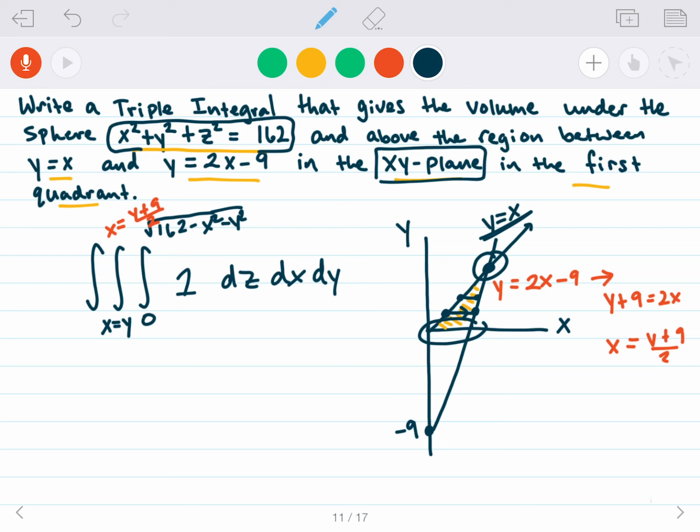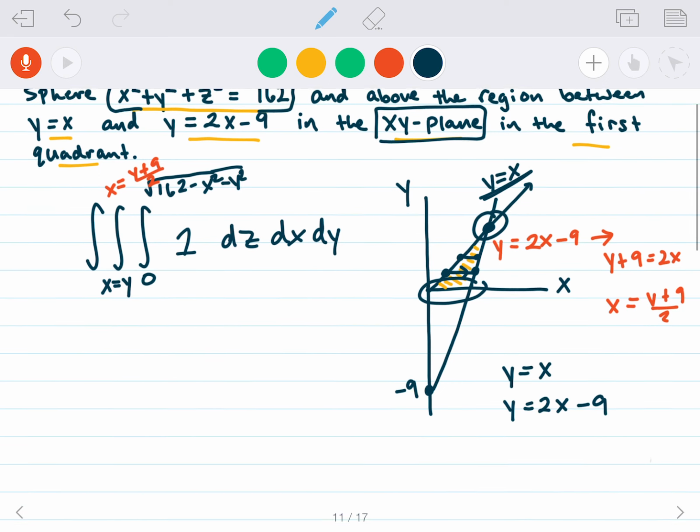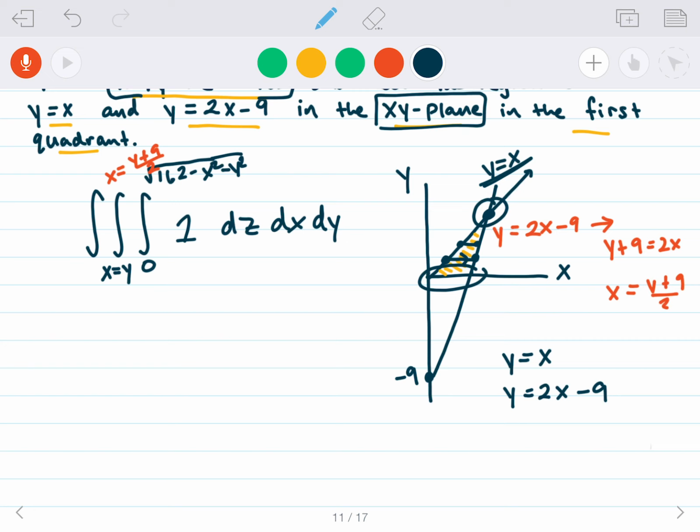And where those lines intersect is 9. I have y equals x, and I have y equals 2x minus 9, so x is equal to 2x minus 9. So x is equal to 9, and therefore y is equal to 9.